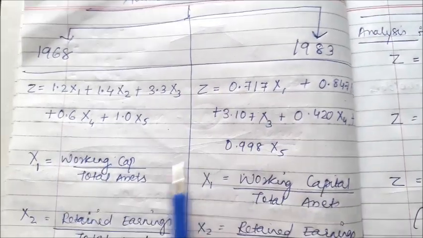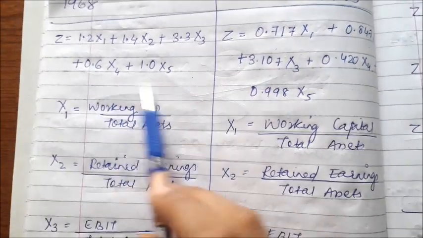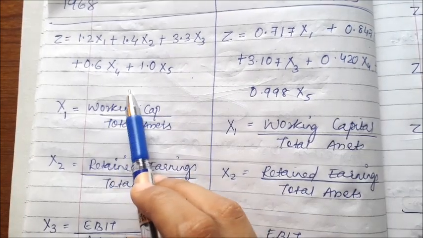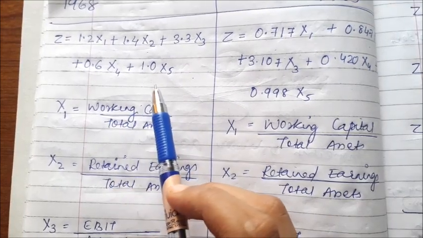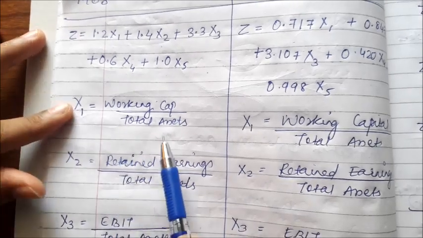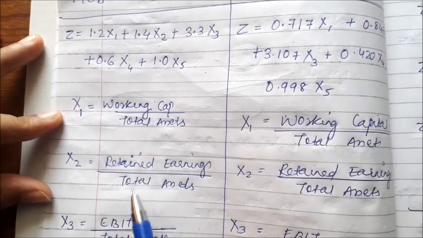Now what X1 to X5 state, we have to know. X1 is equal to working capital upon total assets.